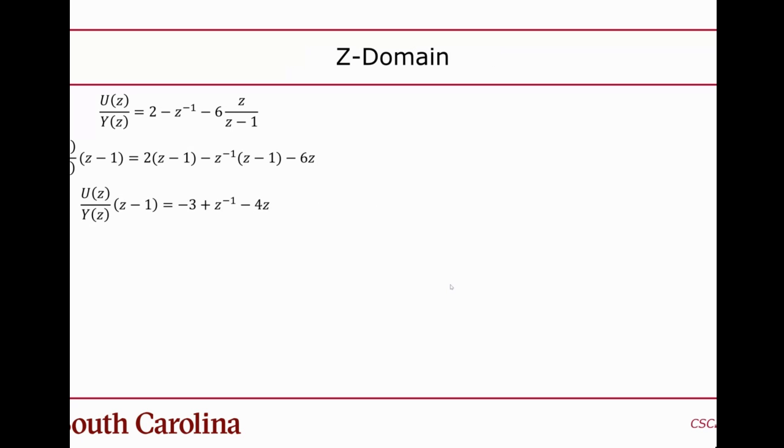So I am going to basically start working on this to convert this into a proper form. I'll multiply both sides by z minus 1, and that allows me to get the right-hand side of minus 3 plus z to the minus first power minus 4z, and then I divide that by z minus 1.